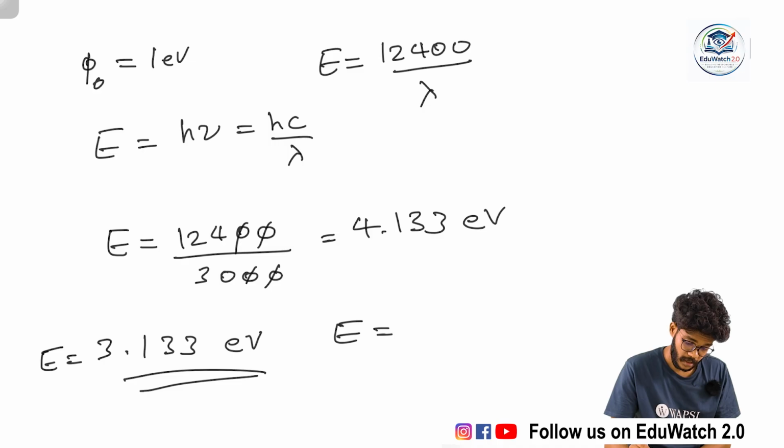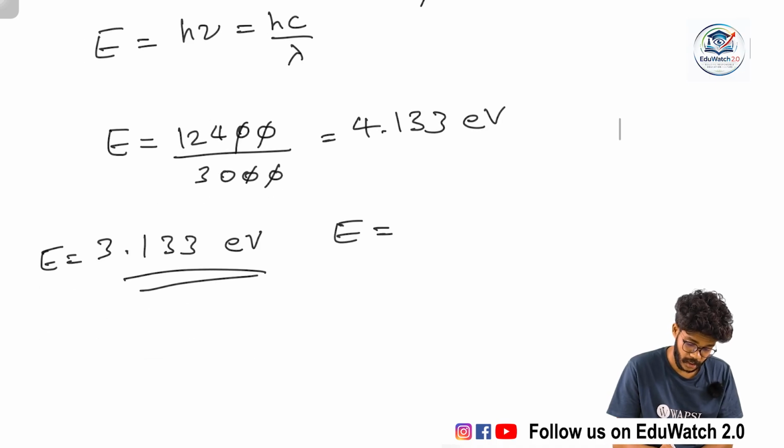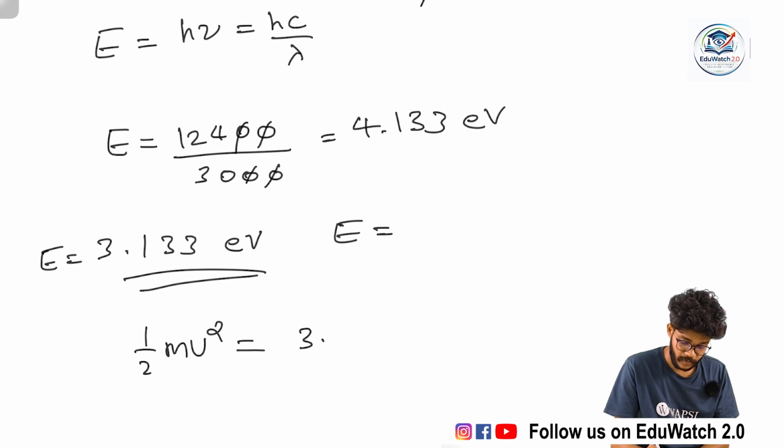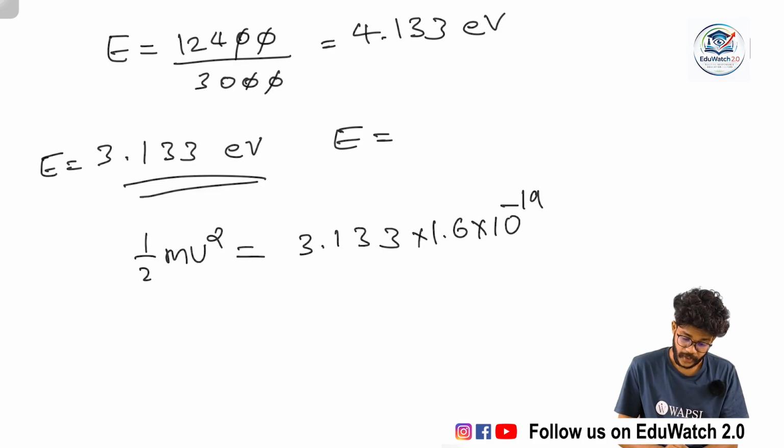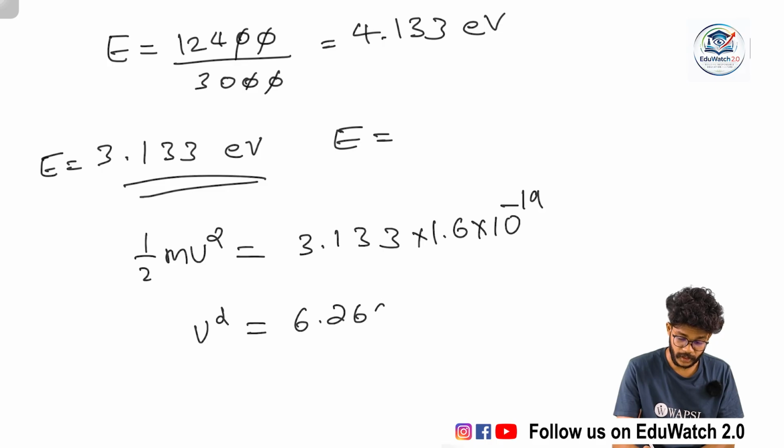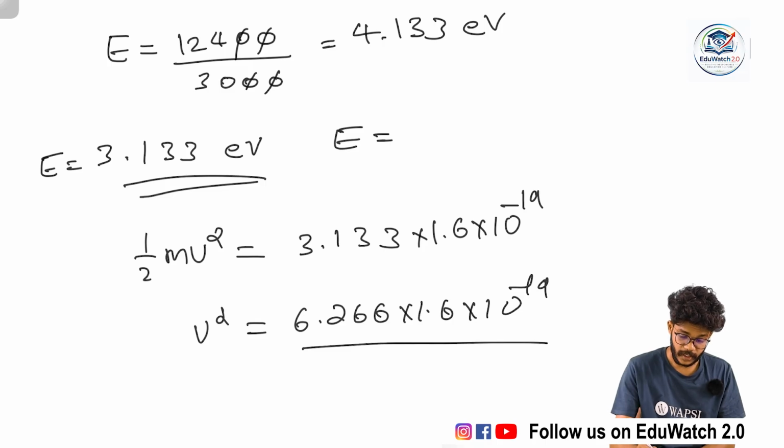Kinetic energy, half mv square, is equal to 3.133 electron volt, and the electron volt should be transformed to 1.6 into 10 raised to minus 19 joule. So v square is equal to 2 into 3.133, that is 6.266, into 1.6 into 10 raised to minus 19, divided by mass 9.1 into 10 raised to minus 31 kilogram.